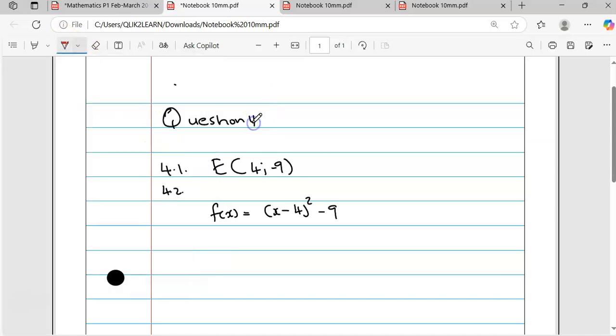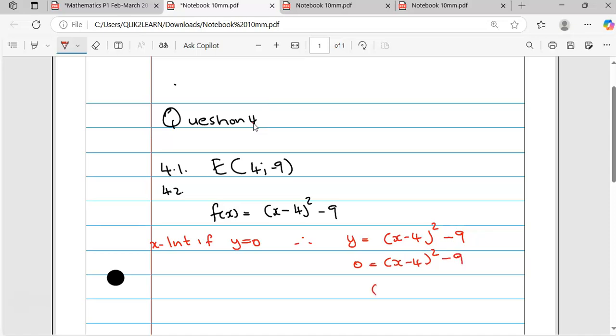We find the x-intercept when y is equal to 0. So we can write the equation as y equals (x minus 4) squared minus 9, and where there's y, we put 0. So 0 equals (x minus 4) squared minus 9.